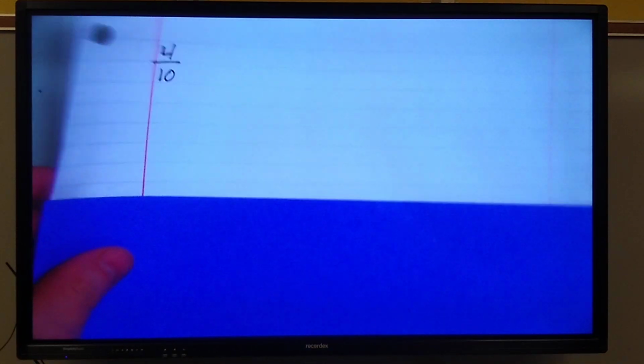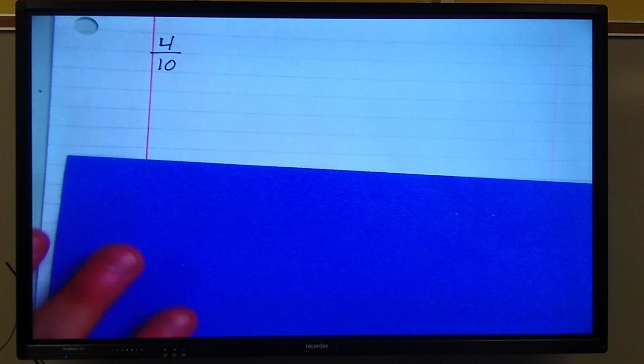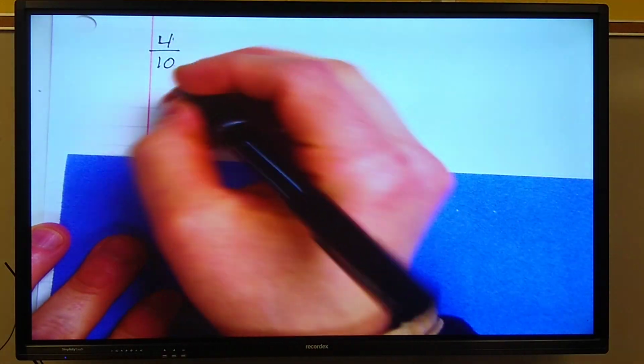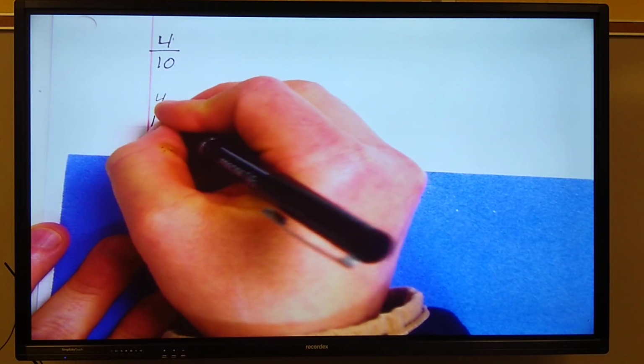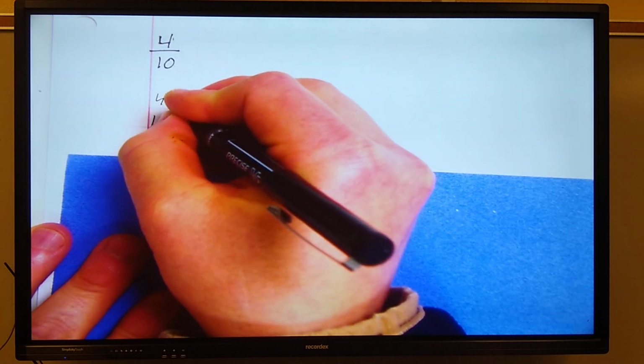All right, now it's time to move on to simplifying fractions. This 4/10 we're going to do together. So, step number 1, I've got to find the factors of my numerator and my denominator. Factors are numbers that are multiplied.